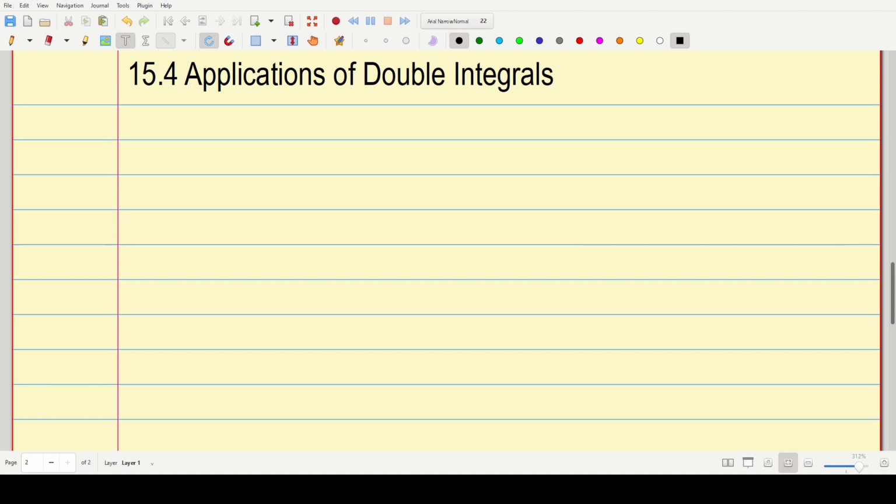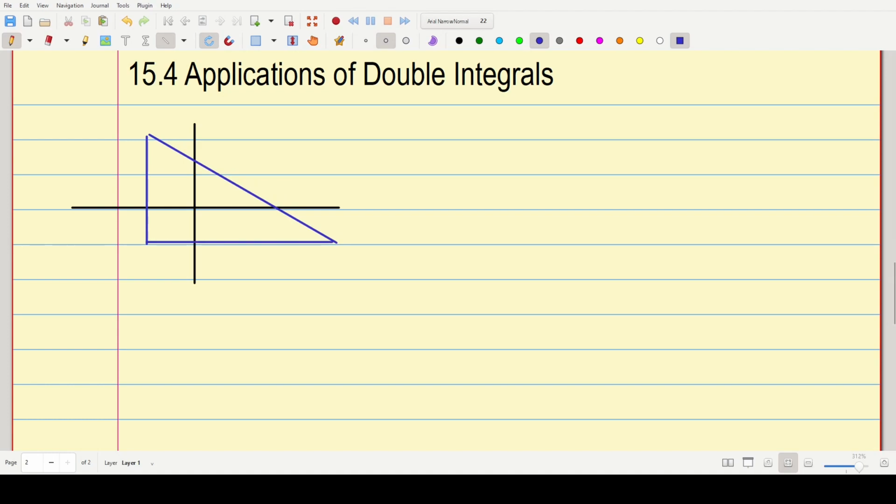The couple of applications for what we're doing here is, now that we understand how double integrals are constructed, if we have some shape. Pick something easy here.